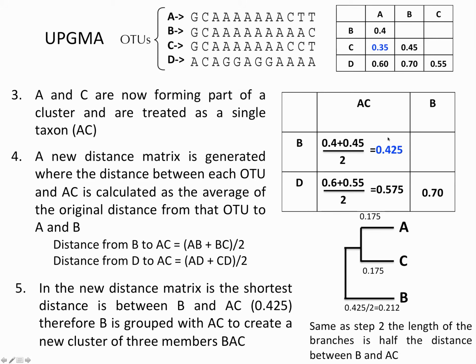This is the smallest value, and you group the taxa with the smallest value, in this case B, with AC. Thus, a new cluster BAC is formed. Same as in step 2, the length of the branch is half the distance between B and AC.